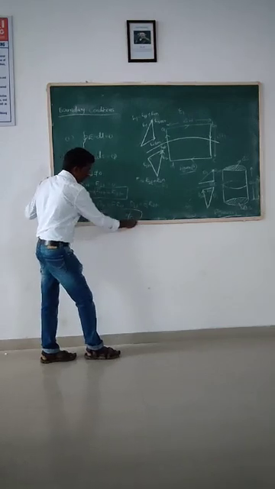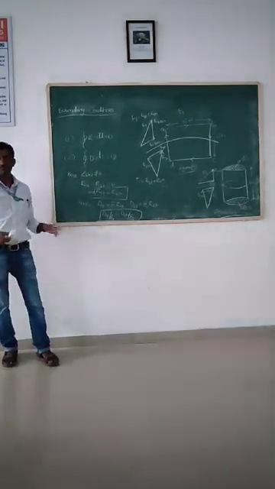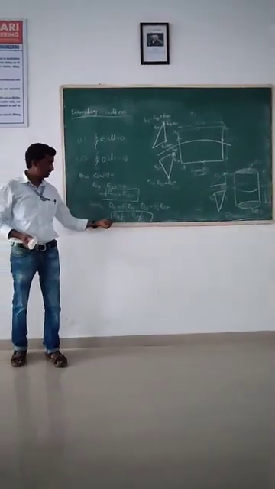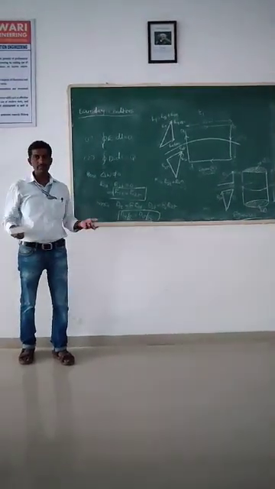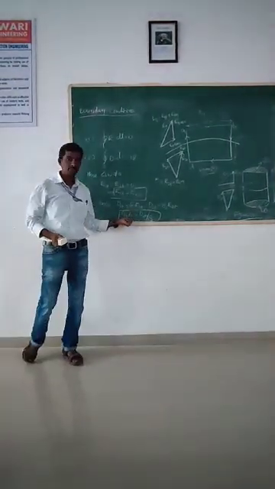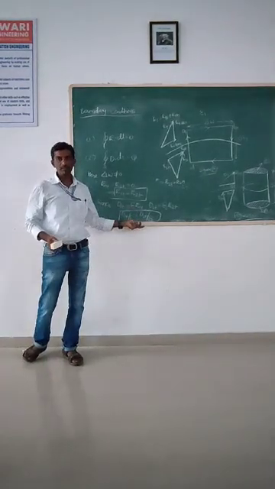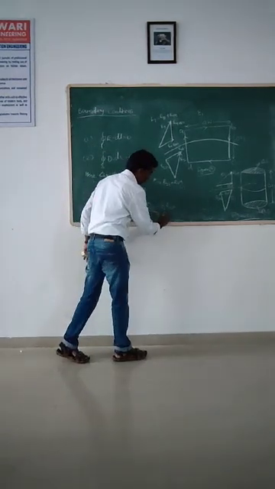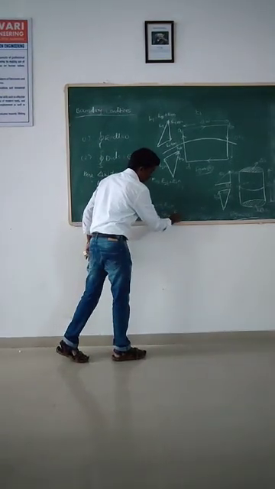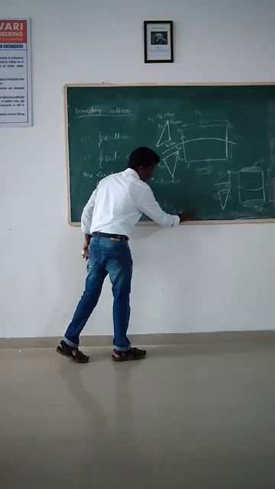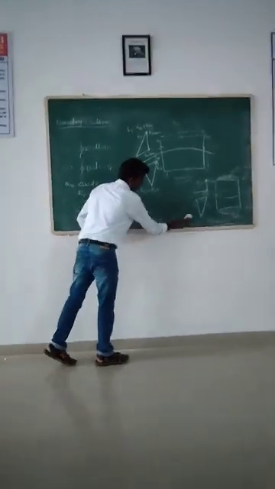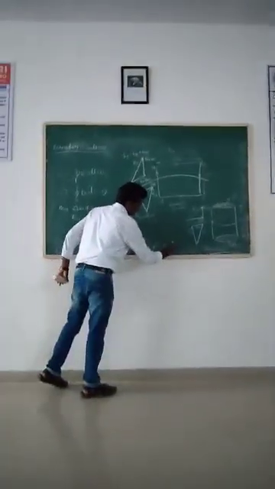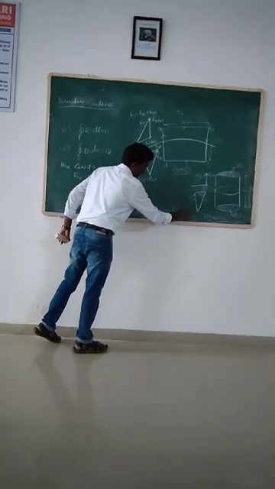And from this, epsilon 1 cannot be equal to epsilon 2 because they are two different media, so epsilon 1 is not equivalent to epsilon 2. Therefore, D1t cannot be equal to D2t.